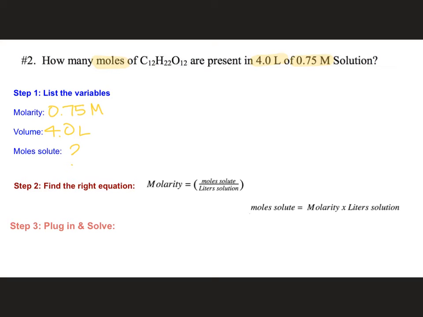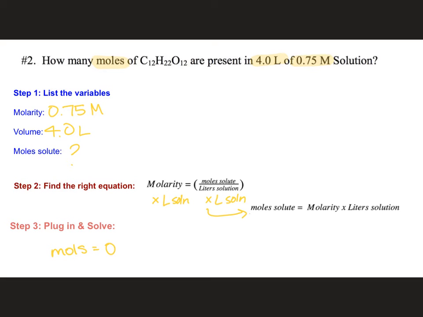So our second step is to find the right equation. So we always start with the molarity equals moles of solute divided by liters of solution, and then we rearrange it. In order to do that, we would multiply the liters of solution on both sides of the equation, and that gives us this equation here. So the moles solute would be on its own, and then it would be molarity times liters of solution. And the next step is to plug in and solve. So I'm just going to write moles here.